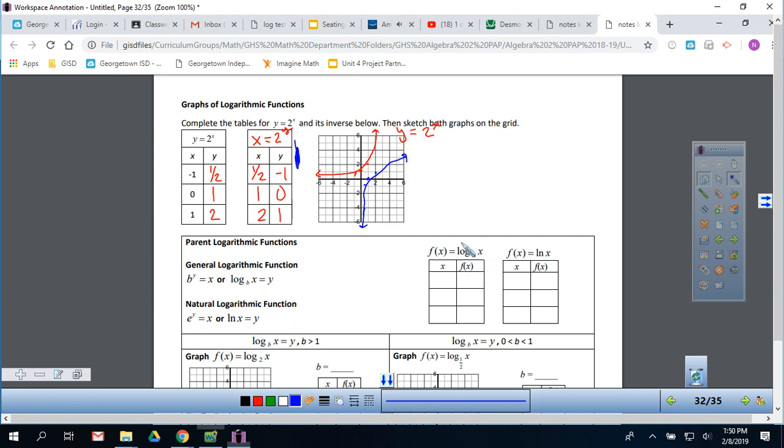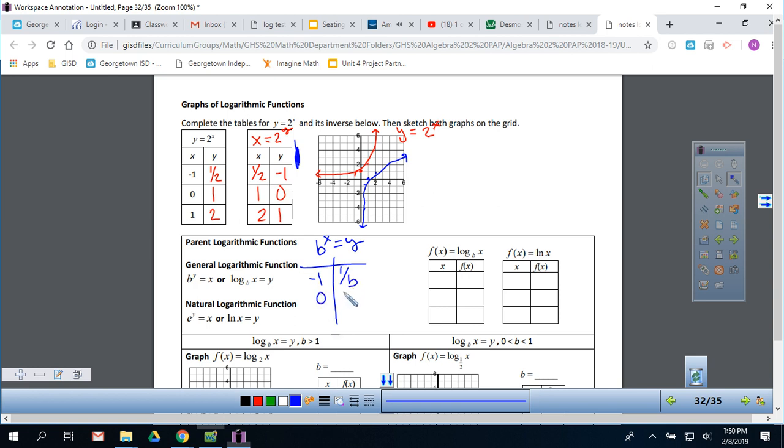Alright, so to get the graph for our log function, the first thing I'm going to do is a table for b to the x equals y. So when x is negative 1, b to the negative 1 power is 1 over b.